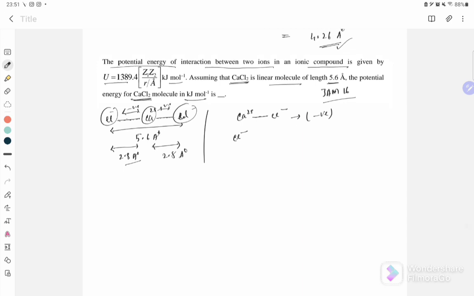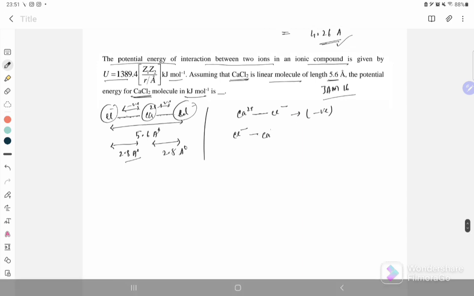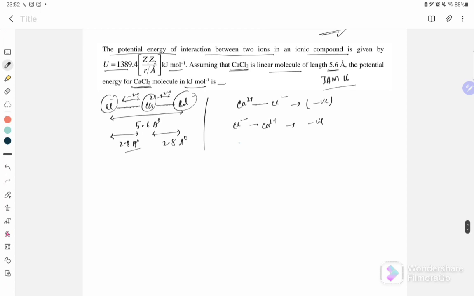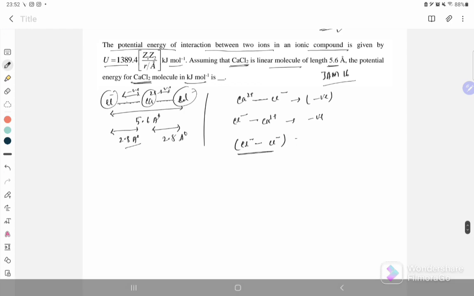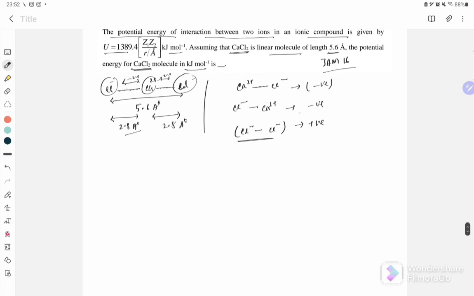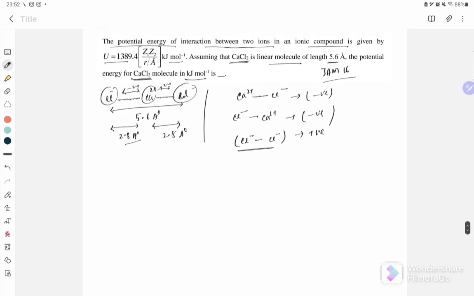Between cation and anion you have to remember, positive and negative give attraction energy. But for Cl minus and Cl minus, both are negative, so the potential energy between them is positive.